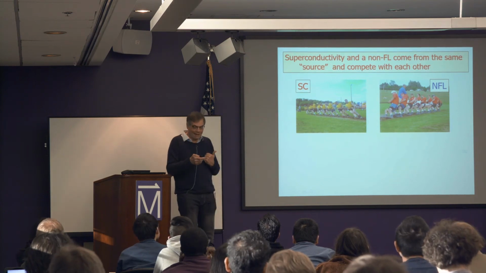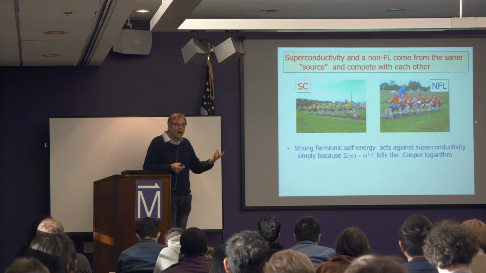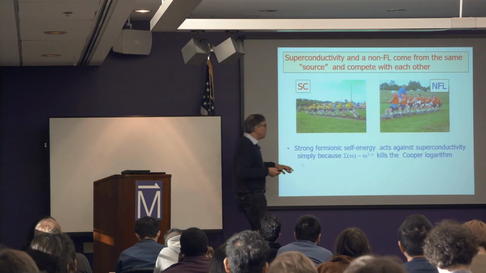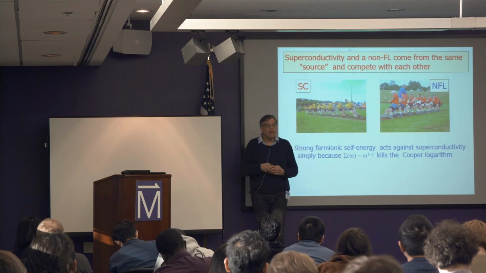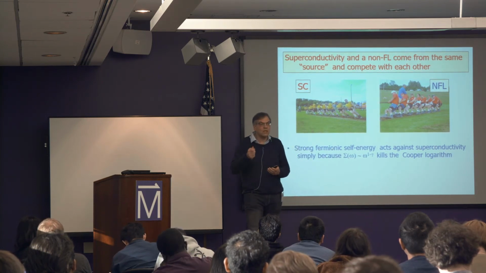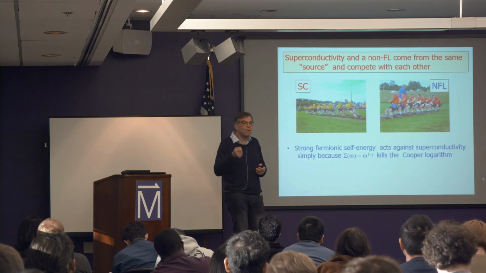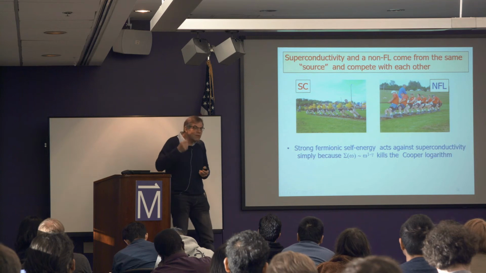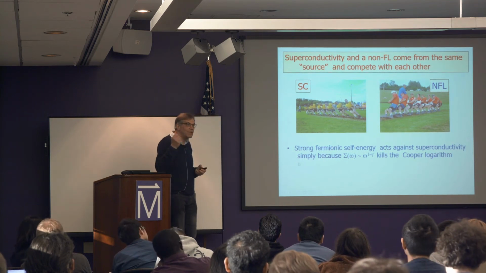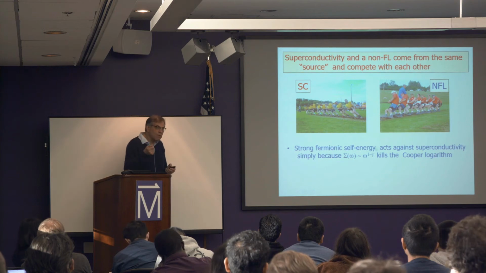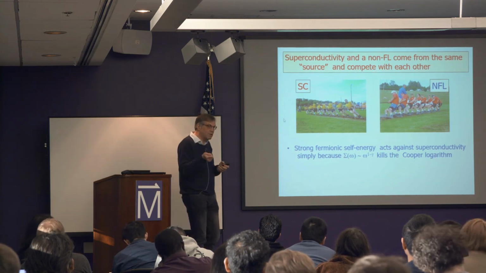Because on one hand, if you ask what this fermionic self-energy does, you can easily figure out that if you put in a self-energy with power smaller than 1, it will be parametrically larger than bare omega at small frequencies. And as such, it will kill the Cooper logarithm. So you will not get this nice story about BCS-like superconductivity, which happens no matter what. So non-Fermi liquid is bad for superconductivity.